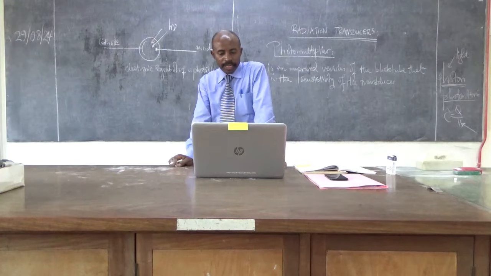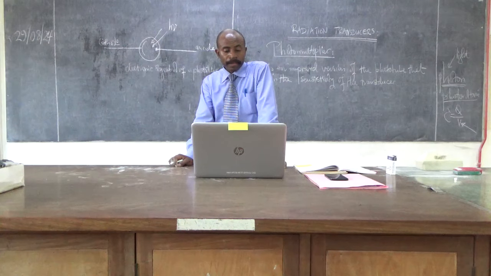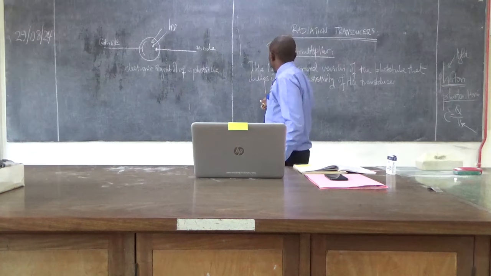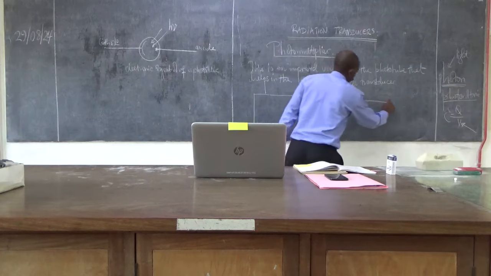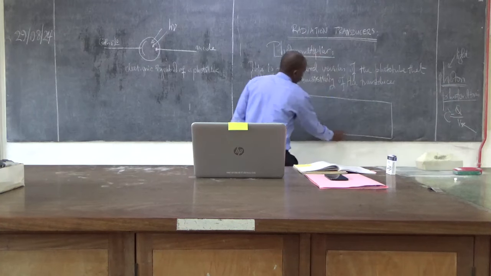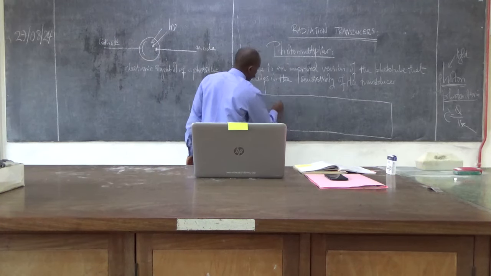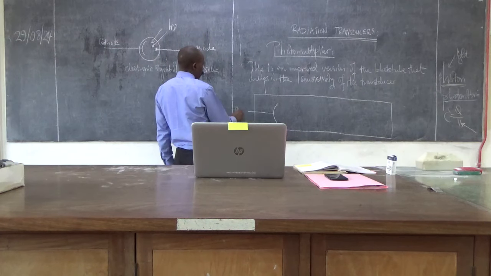So we still have an anode somewhere, we still have the cathode, the photocathode, and then the whole thing. So we have a glass tube, forgive my drawing. We have a photocathode still here.